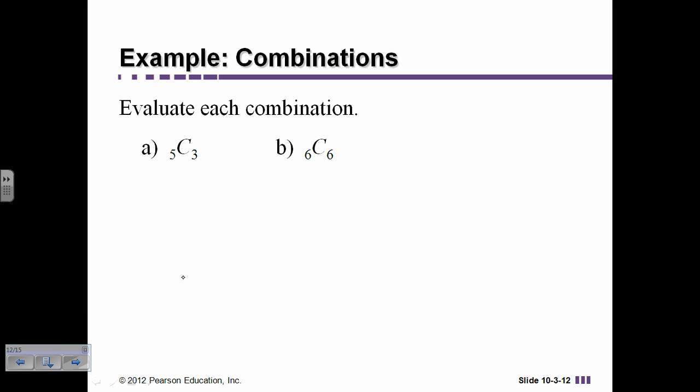So let's look at this. So we have 5 choose 3. So we're going to use our combination formula, and we're going to take 5 factorial, and we're going to divide by 3 factorial. That's our r value. And then we're going to divide by 5 minus 3 factorial. So we end up with the 5, 4, 3, 2, 1 on top.